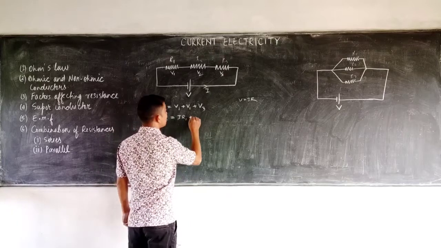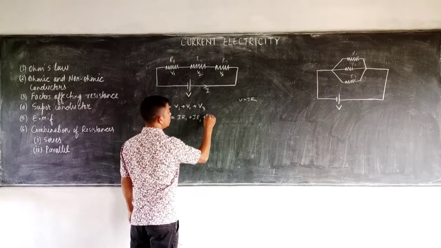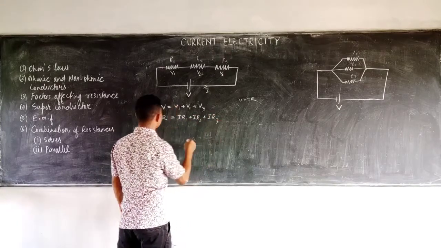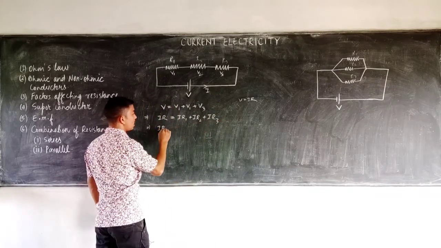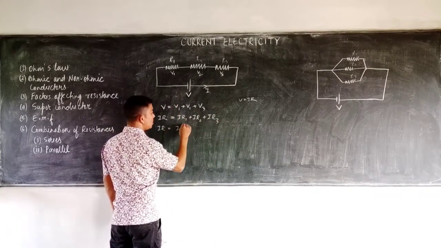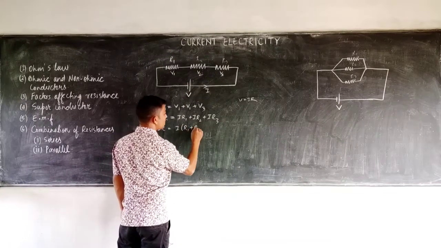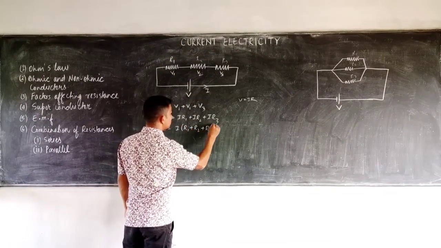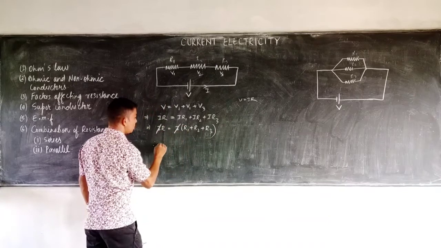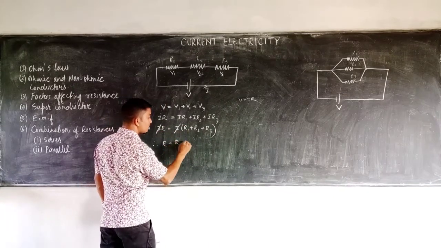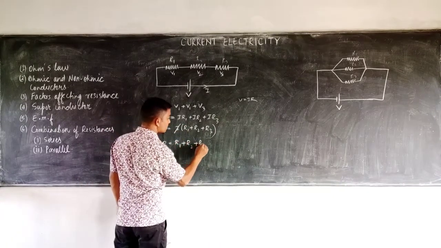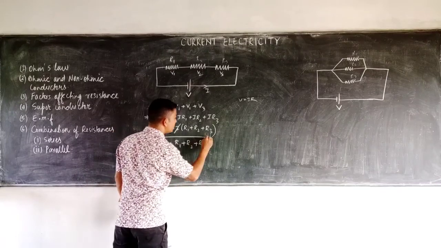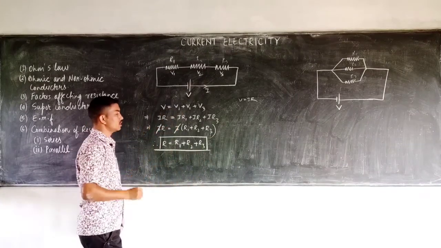Through the second it will be I into R2, and for the third it will be I into R3. So I into R, taking I common from all, I get R1 plus R2 plus R3. So I gets cancelled, and therefore R equals R1 plus R2 plus R3. This is how we find the equivalent resistance when connected in series.